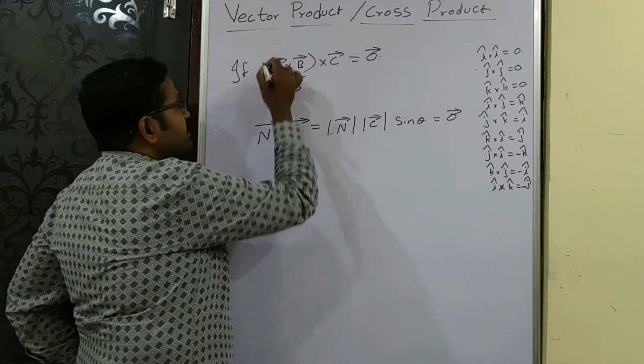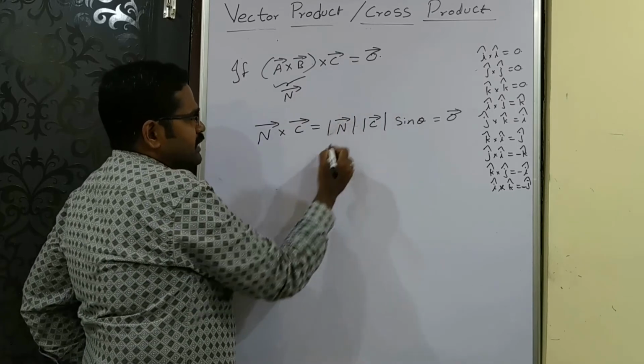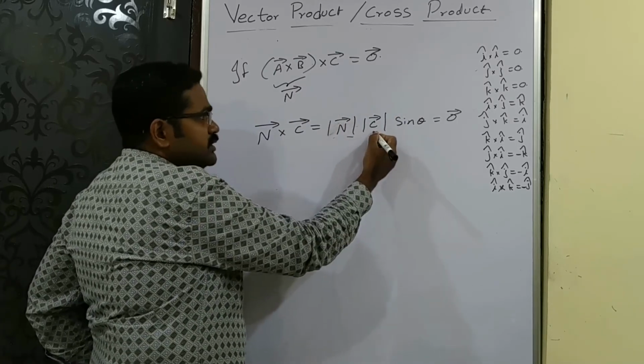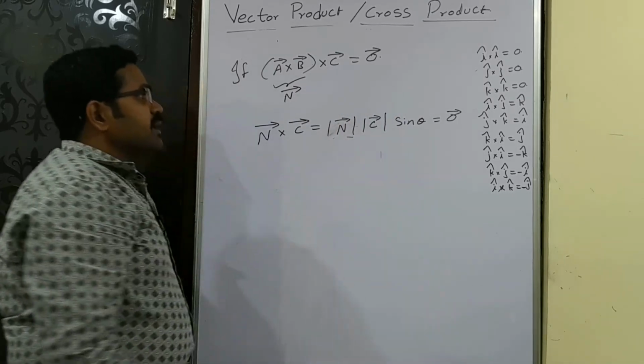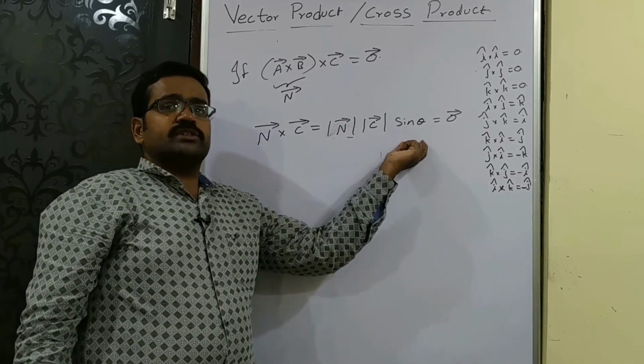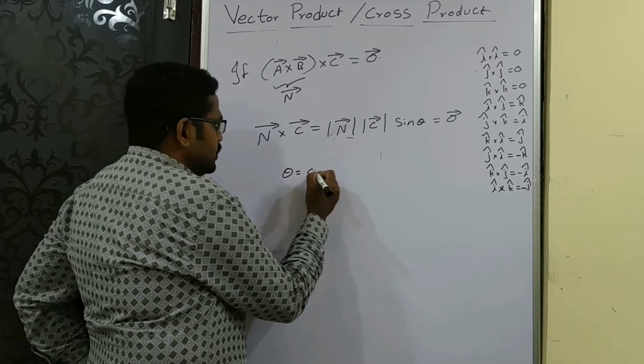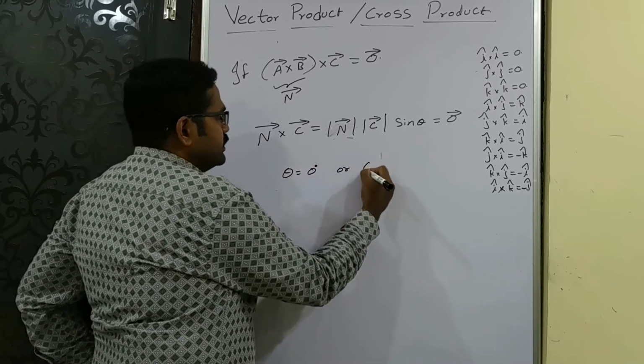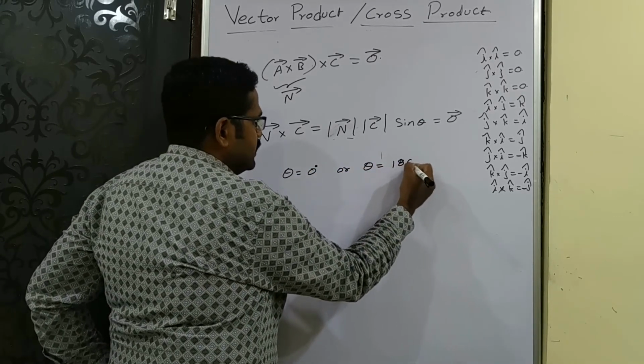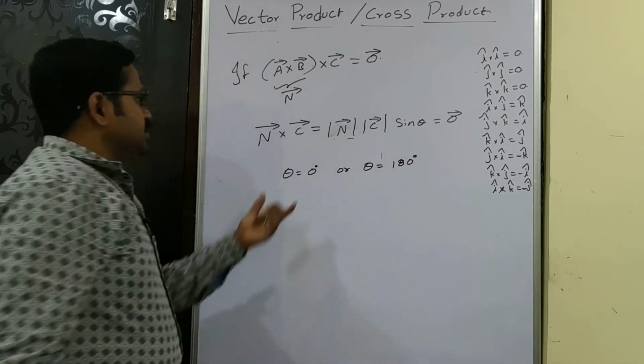So here, if these three are non-zero vectors, then this is also non-zero, this is also non-zero. Which one can be 0? Sin theta can be 0. When is sin theta 0? When theta is equal to 0 degrees or theta is equal to 180 degrees.